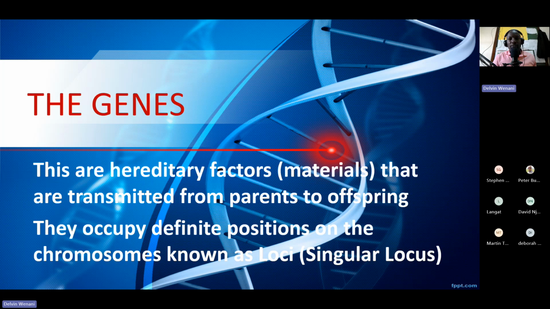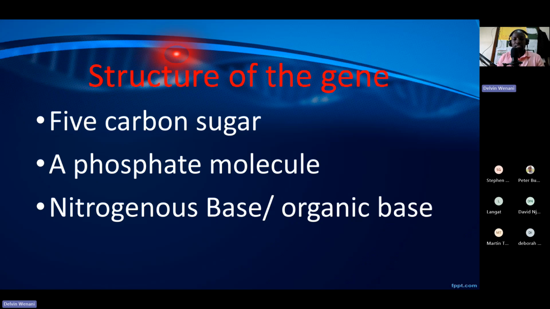Next, I want to talk about the structure of a gene. How does the structure of a gene look? If I give you something and ask what it is, are you able to say, this is a gene, from the structure? The structure of a gene is composed of the following. Number one, a 5-carbon sugar.